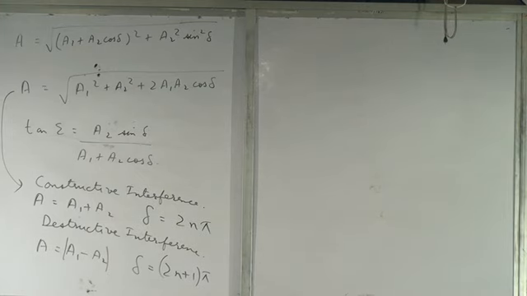Write the first part: find the displacement at t is equal to 0. Part B: find Vmax, the maximum speed of the particle. And part C: find Amax.